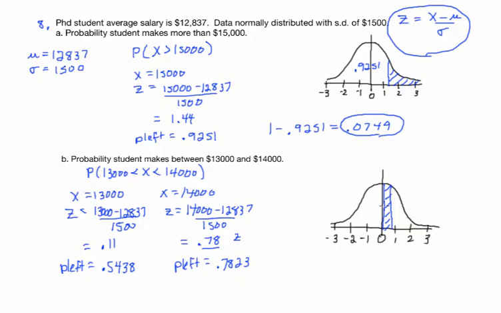And to find the probability I'm in the middle of those two, I subtract. About 23%. What did I guess? A quarter? Not bad.